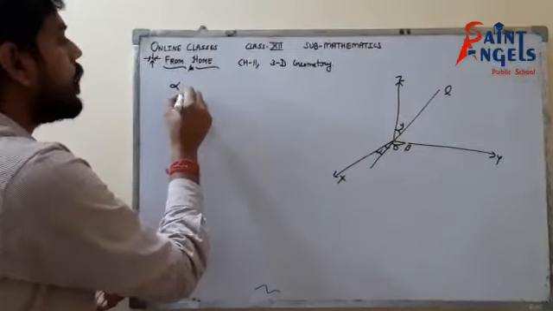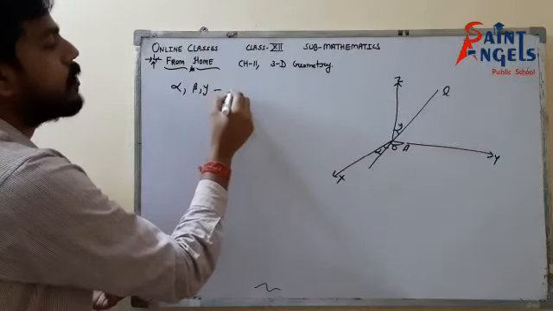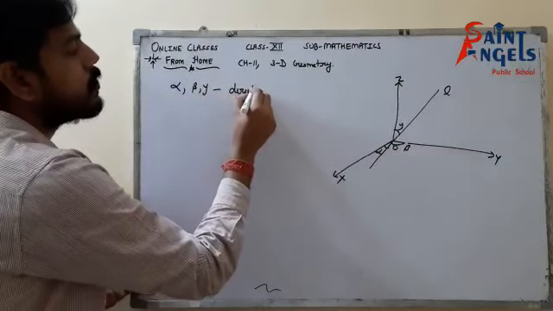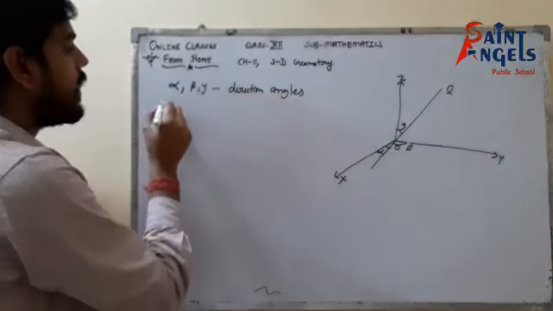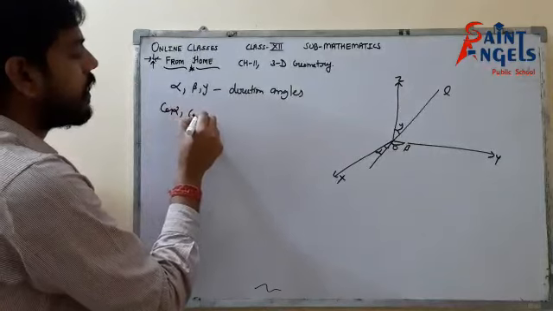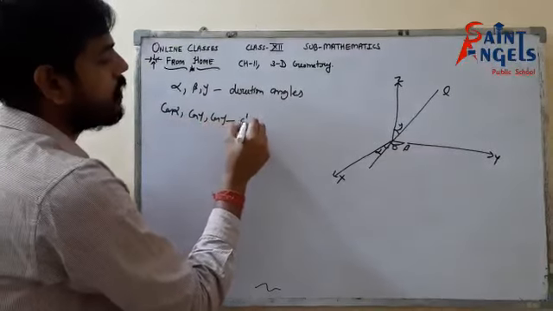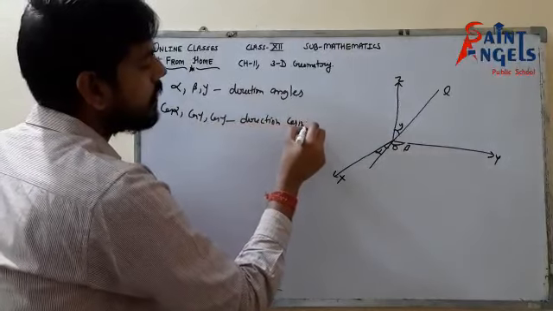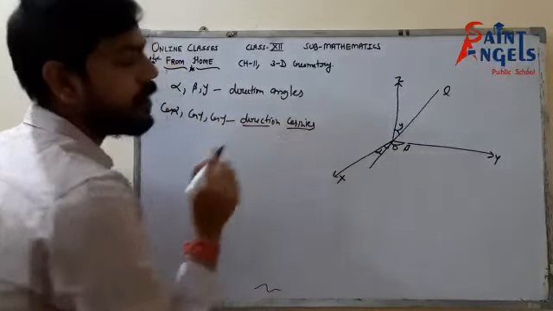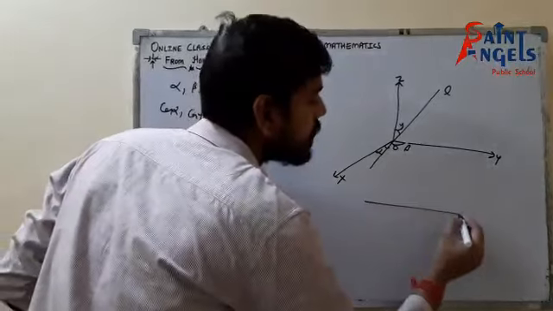Now alpha, beta and gamma are known as direction angles. In chapter 10 in vectors we studied that cos of these direction angles are known as direction cosines.